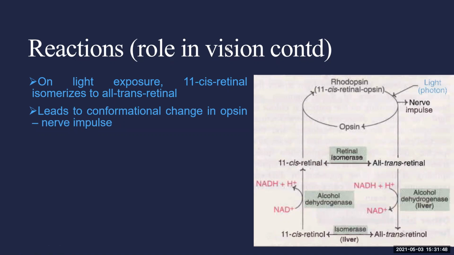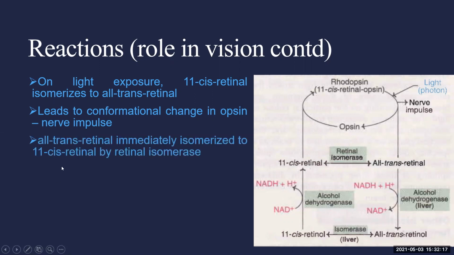Opsin is a chemical compound present in the retina, and the conformational change in opsin generates a nerve impulse. That nerve impulse is the one which we see. Anything that is stimulated produces a nerve impulse, which we process as an image. So that is basically how vision works, right?